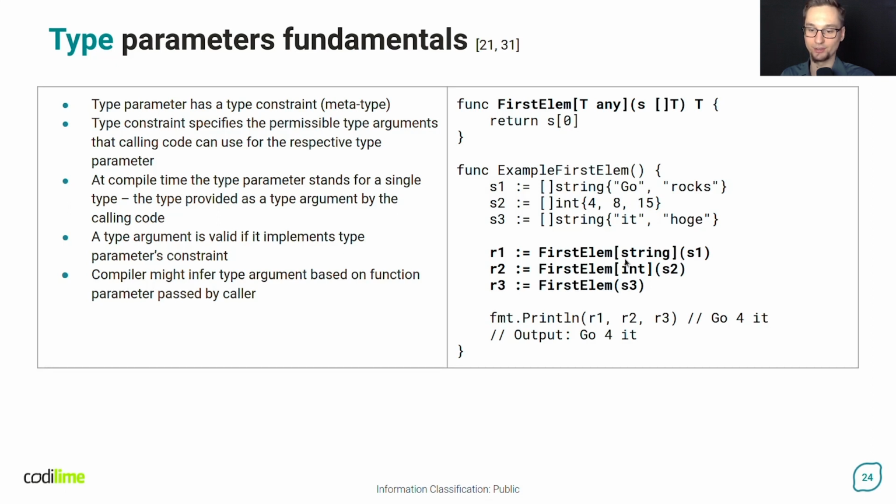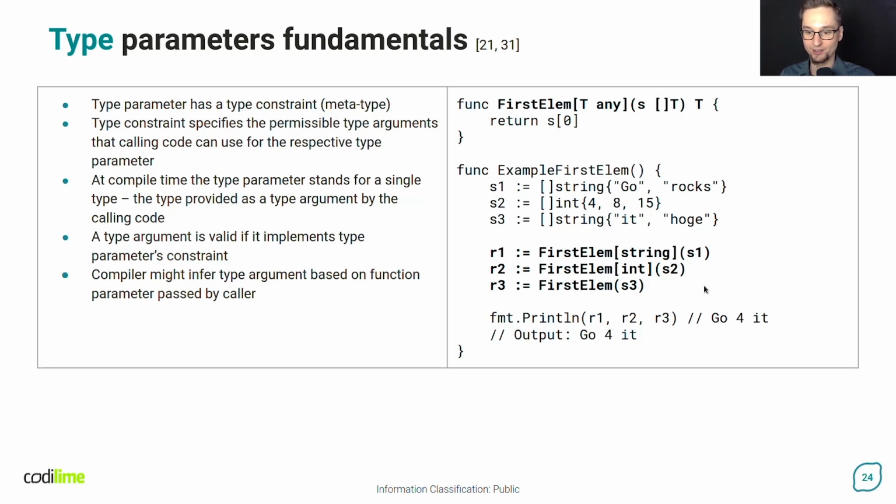basically this string replaces this type parameter T. This string is basically called a type argument here, and it is valid if it implements the constraint of the type parameter. And as I said, any allows all the types, so string is also allowed by that constraint.